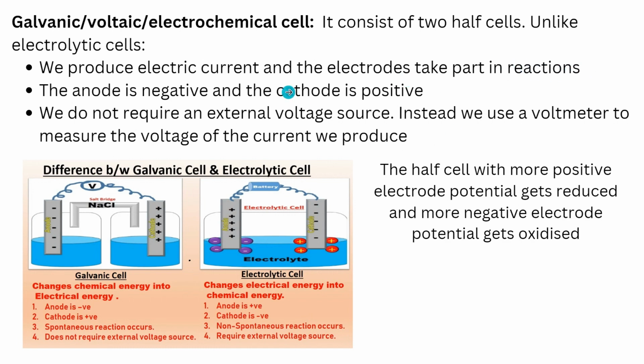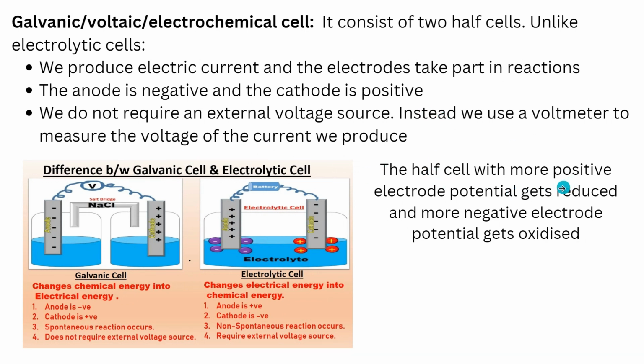Previously, in electrolytic cells, the electrodes were only there for deposition or for conduction of electricity. But here the electrodes take part in reactions. The anode here is negative and the cathode is positive, which is opposite from the electrolytic cell, and we do not require an external voltage source since we are producing the electric current. Instead, we use a voltmeter to measure the voltage of the current we produce.